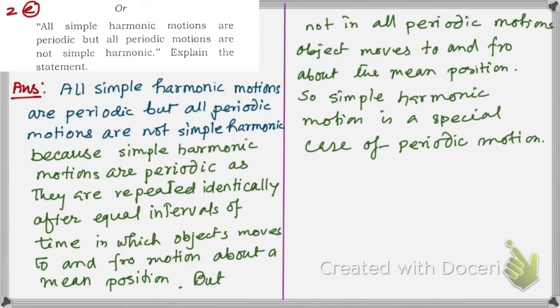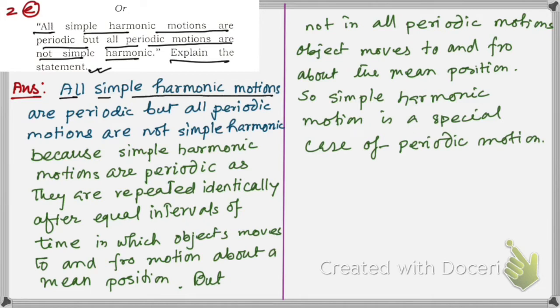All simple harmonic motions are periodic, but all periodic motions are not simple harmonic. Explain the statement. Simple harmonic motion is a special case of periodic motion.